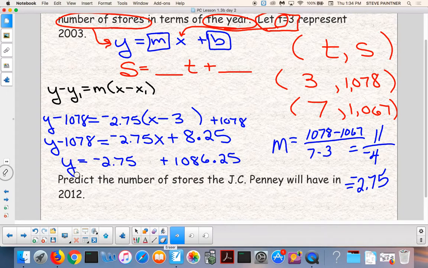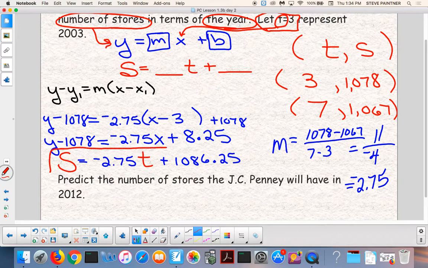This one should be what? Stores. The number of JCPenney stores equals this times what? The number of years that go by. T years. And there's the equation right there, guys. That's what they wanted you to do. Write an equation that would graph the stores. And this is a negative slope, so you know at least the negative slope makes sense, correct?